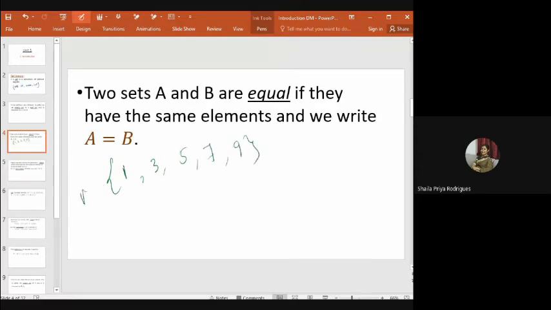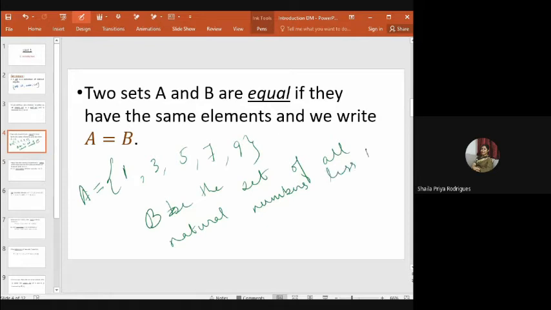Let me call this set A. And let B be the set of all natural numbers less than 10. A is the set of those 5 numbers and B is the set of all natural numbers less than 10.